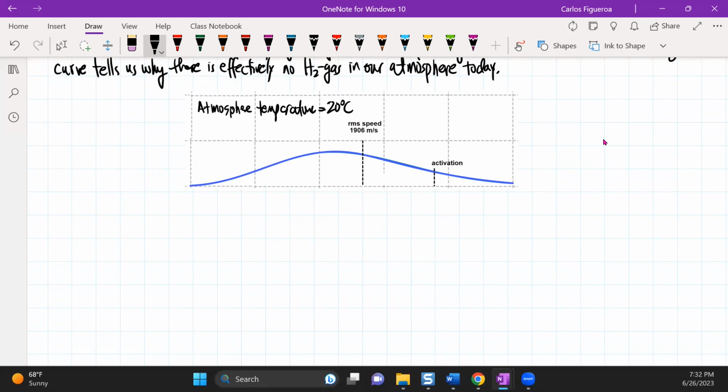We just calculated that. It's off the peak value, but close. That's 1906 meters per second. But then there's this activation curve right here. And it's this activation curve that's really, really important.